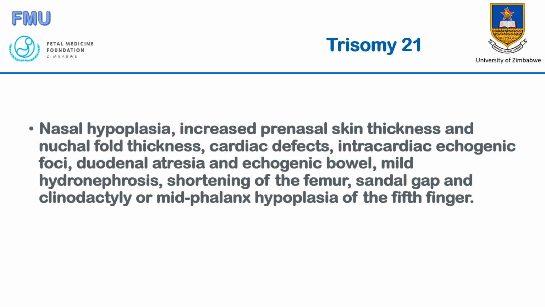Intracardiac echogenic foci is also a feature. Duodenal atresia, echogenic bowel, mild hydronephrosis, shortening of the femur or the humerus. Sorry, I didn't put the humerus there. So shortening of either of them. We do not combine them because they are dependent on each other. So it's either shortening of the femur or shortening of the humerus.